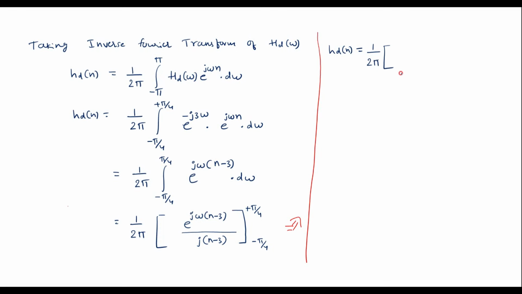We are supposed to apply the limit, so we replace omega by pi by 4: e power j pi by 4 into n minus 3, minus e power minus j pi by 4 into n minus 3, divided by j of n minus 3.